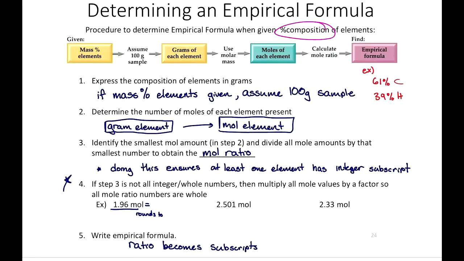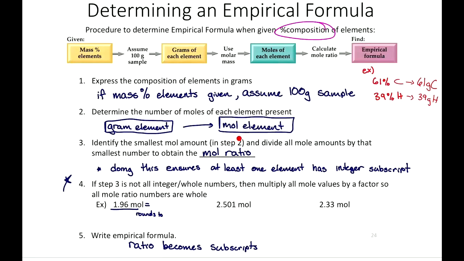So if I have 61% carbon, how many grams of carbon are you going to start with? Assume we have 100 grams of sample. 61 grams of carbon. And then how much hydrogen do I have? 39 grams of hydrogen, all right? So just turn those percentages into gram amounts. Because then once you're in gram amounts, we can convert those gram amounts to moles of each element.